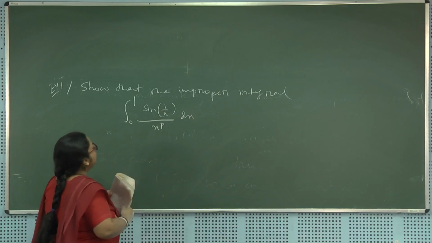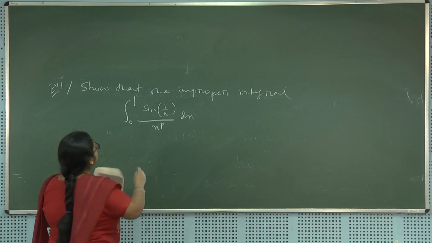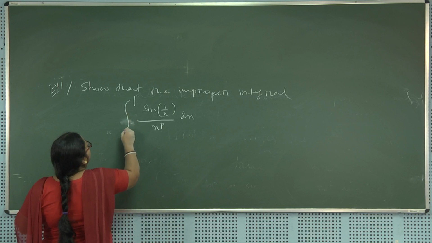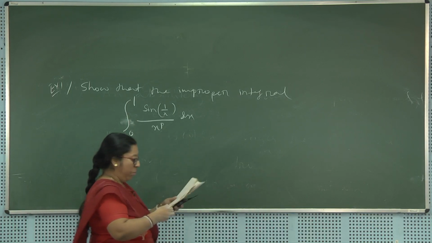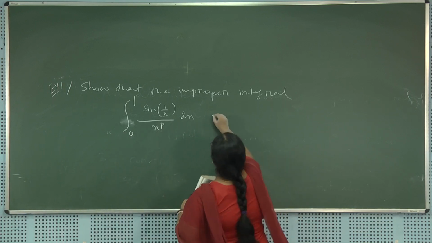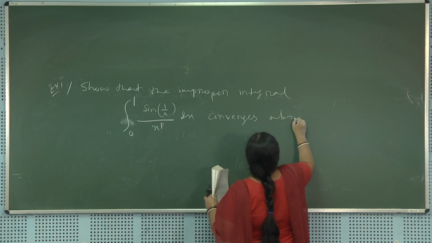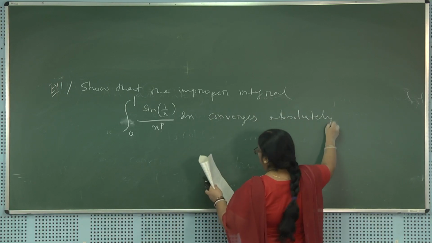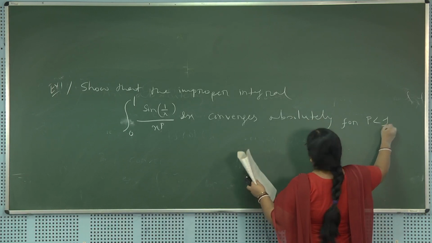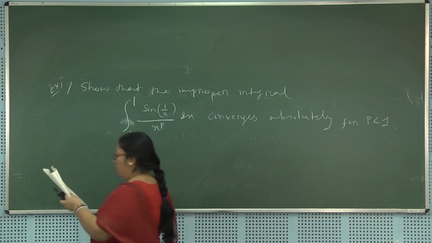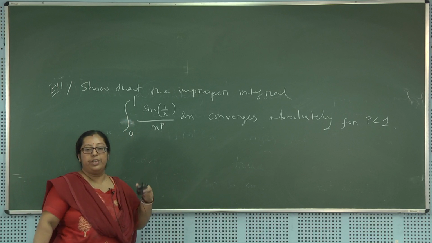You can see this integral has a point of infinite discontinuity at x equal to 0. So, this converges absolutely for p less than 1. Okay. So, this is the problem. We have to show that this integral, if we take the absolute value, converges for p less than 1.